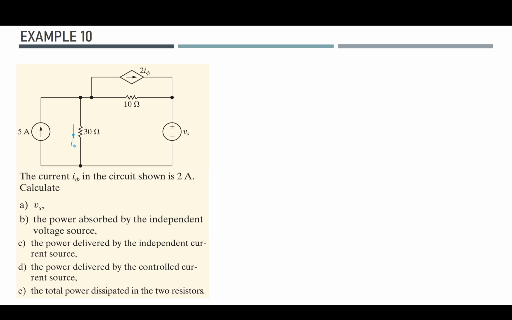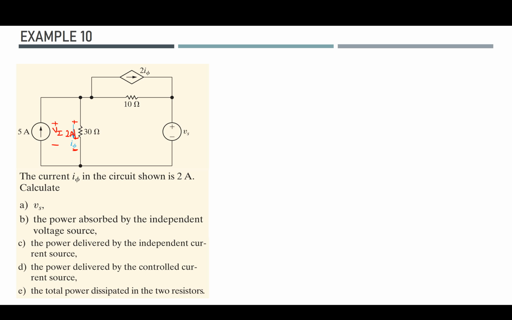Before starting we need to denote the directions. There should be a positive and negative polarity here, and the same voltage should be across the dependent voltage source. Here we have, let's say, Vi. This is a current source, so it should be consistent. Then we know that there's 2 amps flowing in this direction.